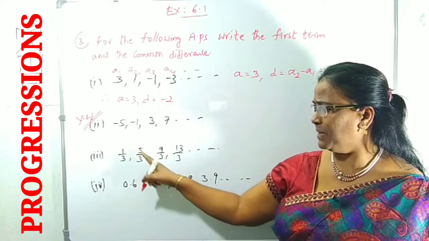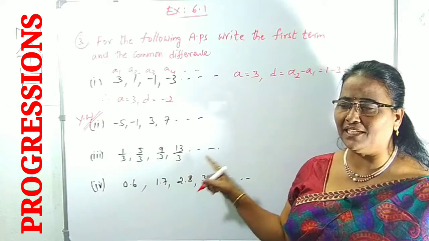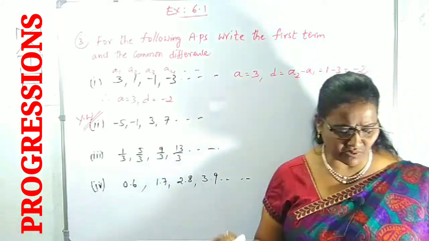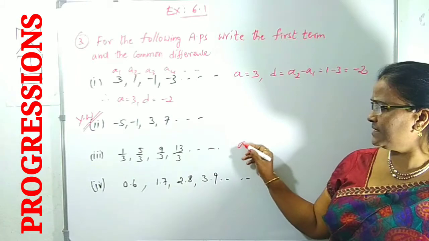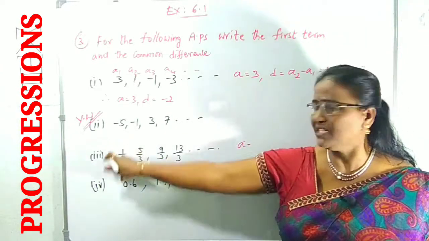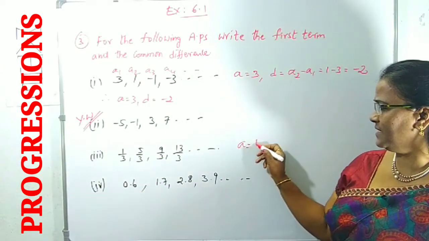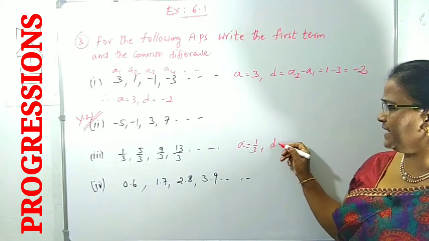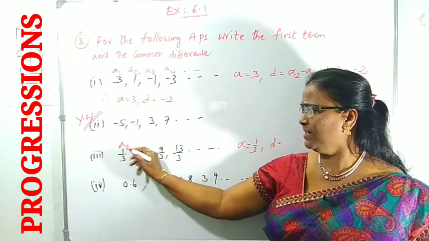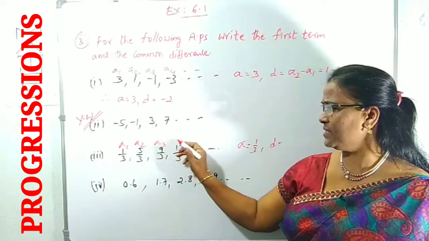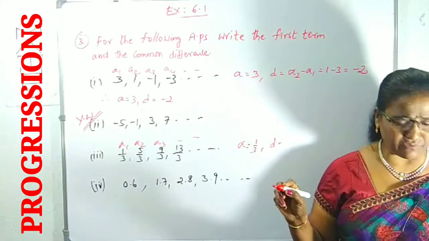What is the third bit? 1 by 3, 5 by 3, 9 by 3, 13 by 3 are given. So for this, what is the first term? A is clearly 1 by 3, right? As usual, we can find D by taking A1, A2, A3 and so on. A2 minus A1, one pair is enough.